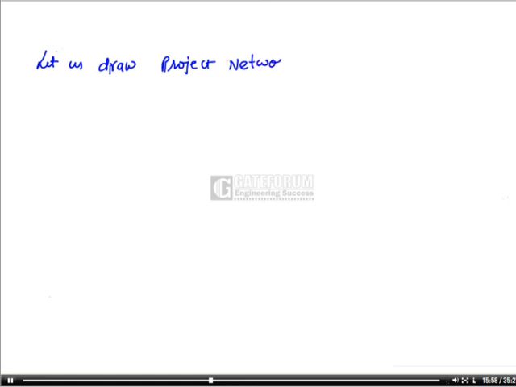So in case of CPM analysis, first we have to draw the network. So let us draw the project network. So project network is as follows: 1 to 2, then 2 to 3 and 2 to 4.